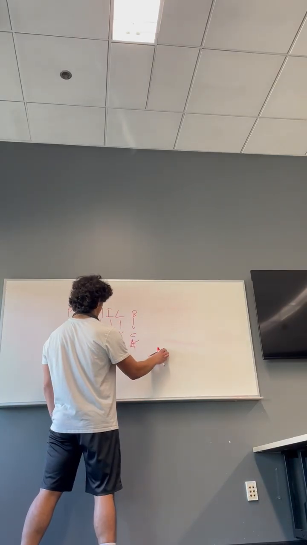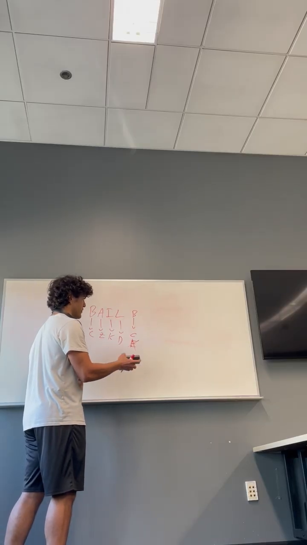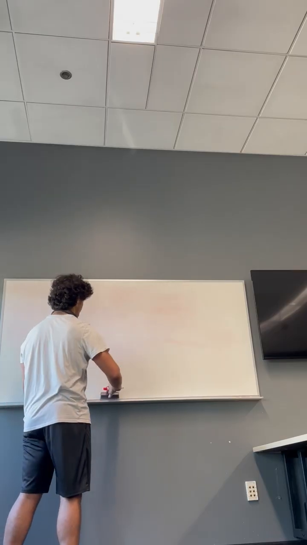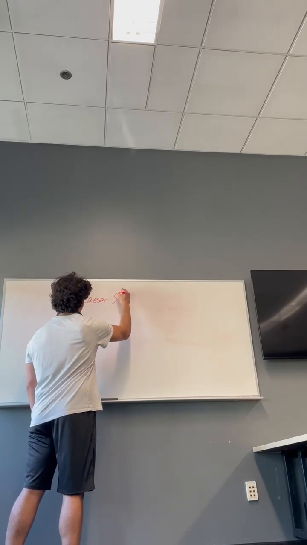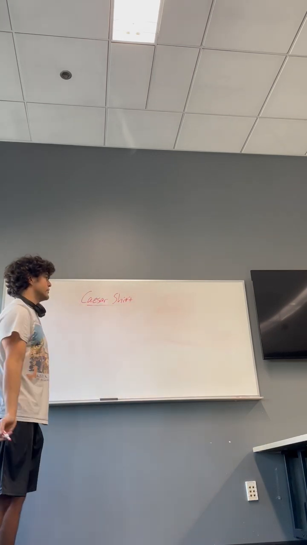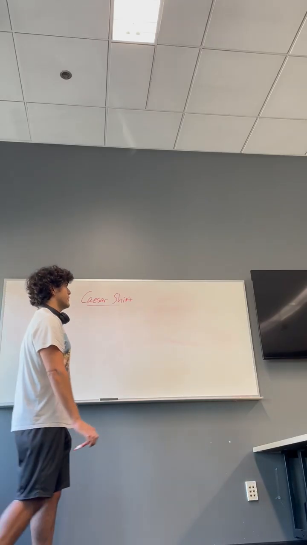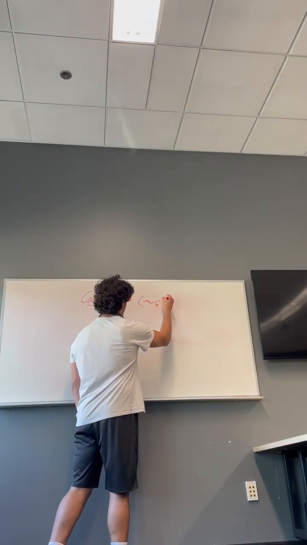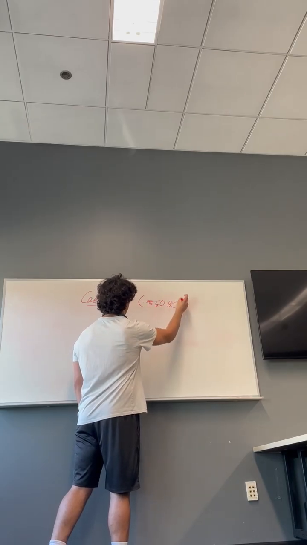We can formalize this method of mappings with something called a Caesar shift. This is the most elementary encryption system that we have. I think it dates to around 60 BC, super old.